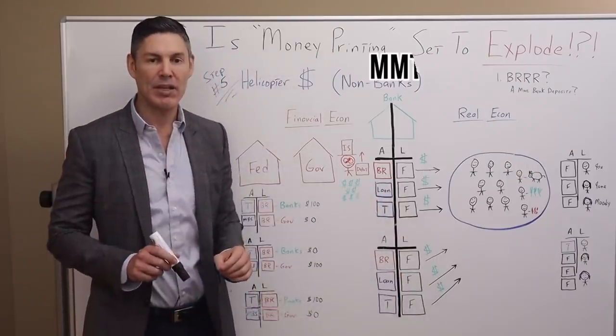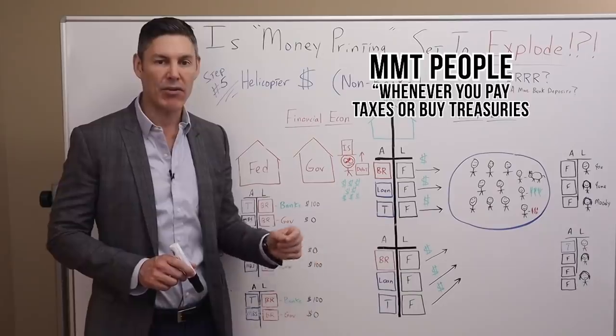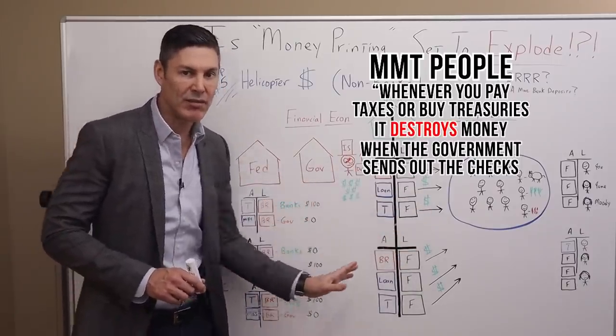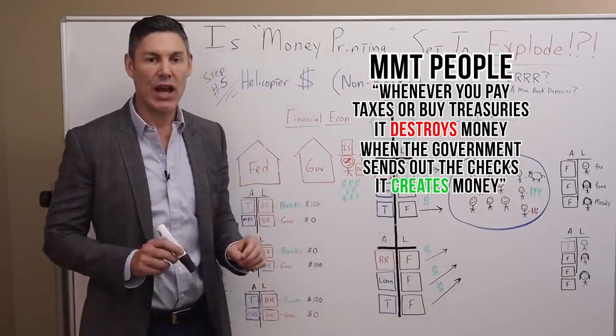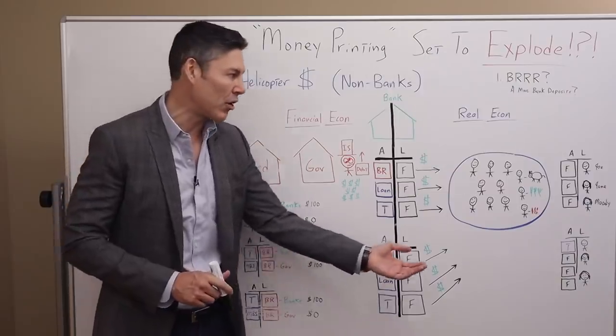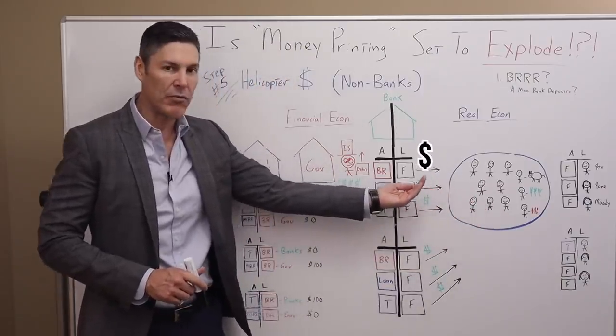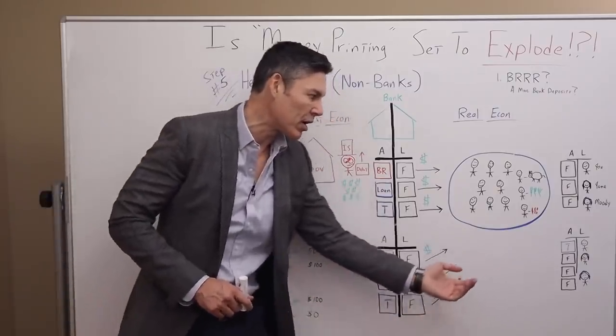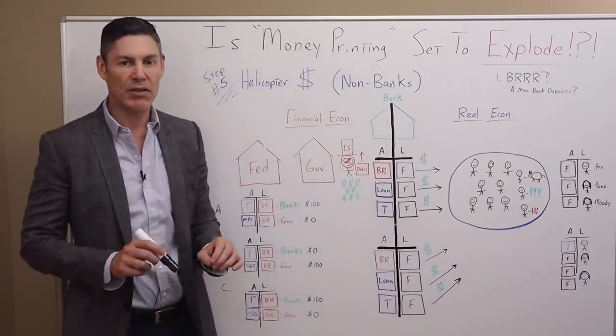This is why the MMT people say whenever you pay your taxes or buy bonds, it destroys money. When the government then sends those checks out, it creates money. Whether you want to look at it that way or you just want to look at the same currency being circulated from the real economy into the government's coffers and then back out into the real economy, it's still pretty much the same thing.